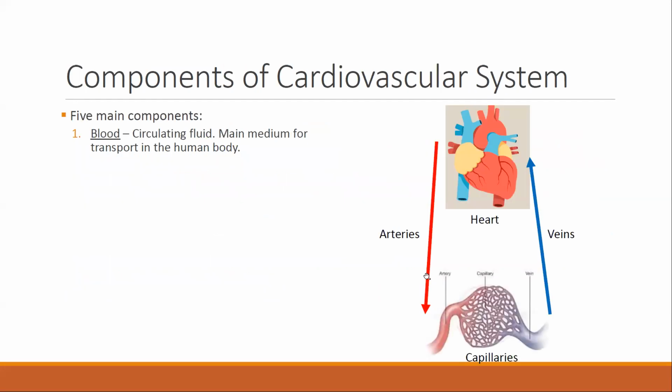Okay. And so now let's talk about the components. The amazing thing about the cardiovascular system is that there's so many blood vessels in your body, and somehow doctors and biologists have come up with a really long and confusing name for each and every single one.